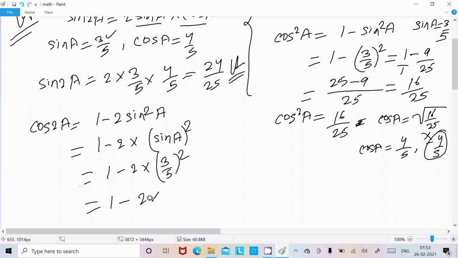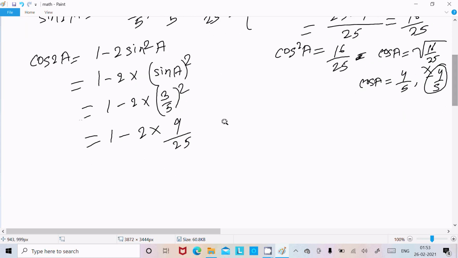So 1 minus 2, 3 by 5 whole square, 3 into 3, that comes 9, 5 into 5, 25. So after that, here 1 minus 2 into 9, 18 by 25.